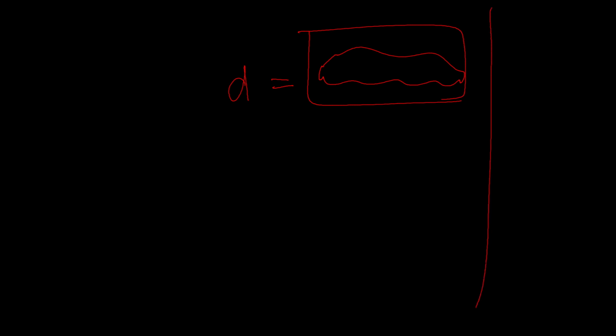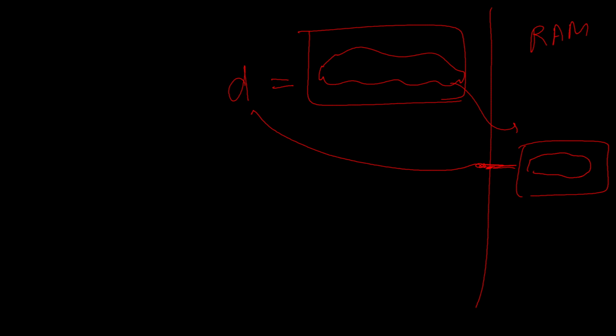When you say d equals to something, whatever this thing can be, the way Python works is, Python is going to take this thing, is going to go inside the RAM, and it's going to store that thing there. Then it's going to take the address of this guy, and this address is what is going to be given to d.